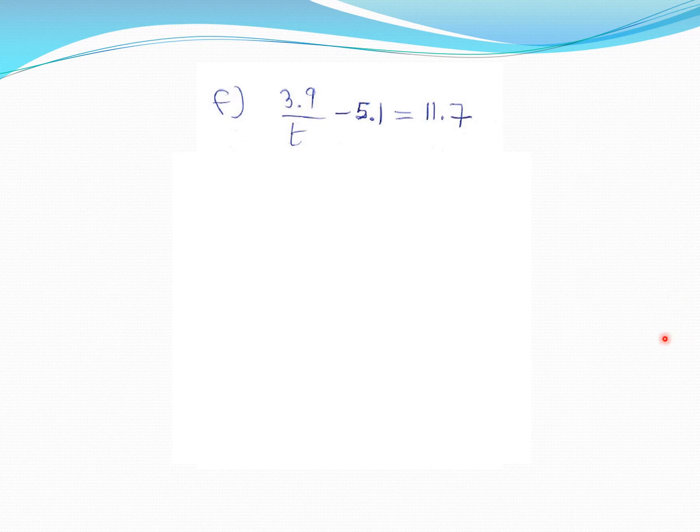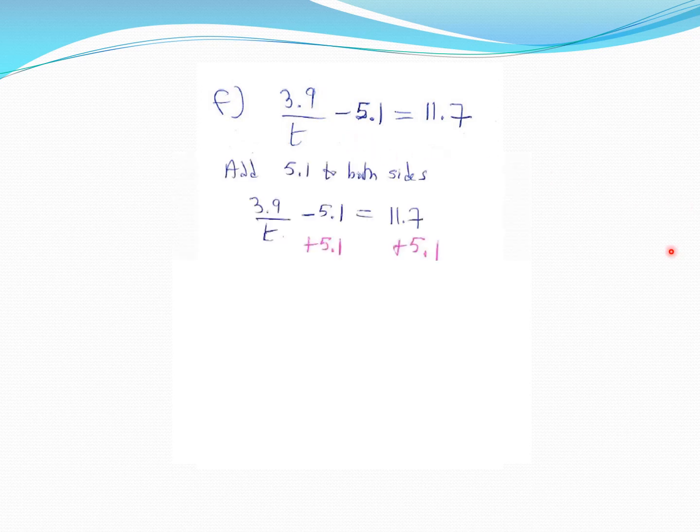And finally, F, 3.9 over t minus 5.1 equals 11.7. Now, this is slightly different. It's only a difference of a sign. A bit like the weighing scale, with minus 5.1, we have a minus number this time. But if we add plus 5.1 to minus 5.1, that'll give us 0 for that particular part there. So we add 5.1 to both sides, or technically we're adding plus 5.1 to both sides.